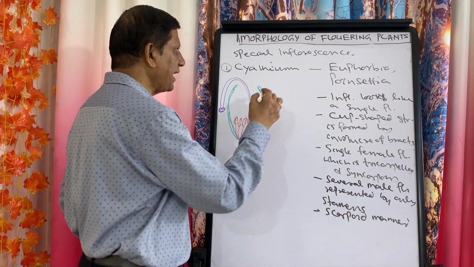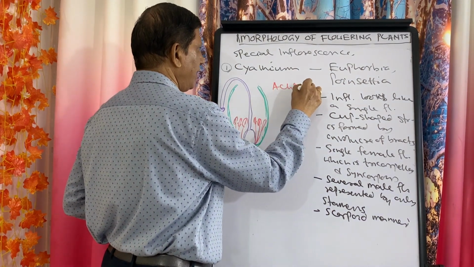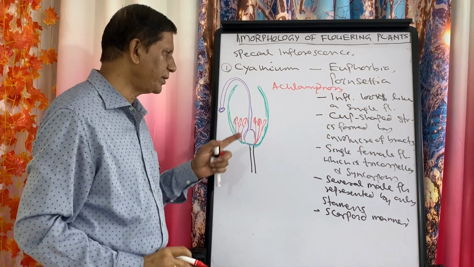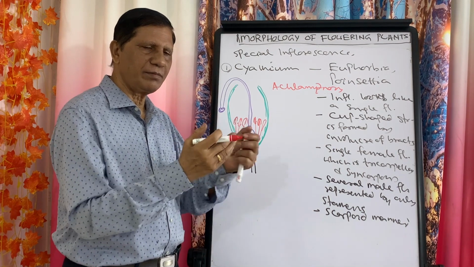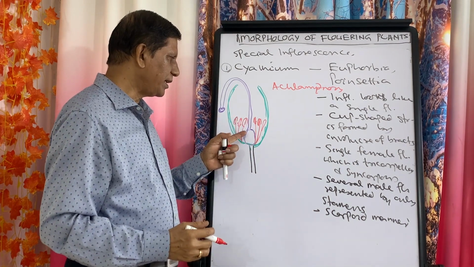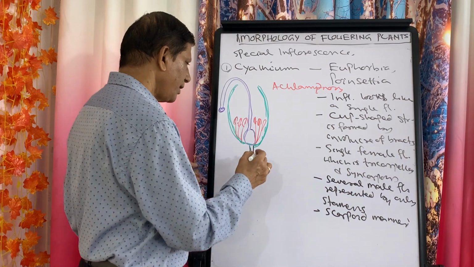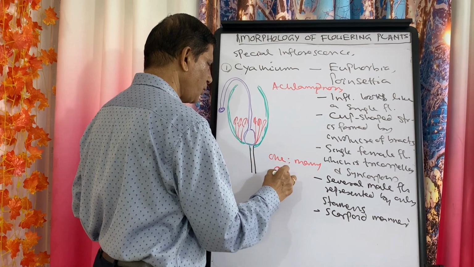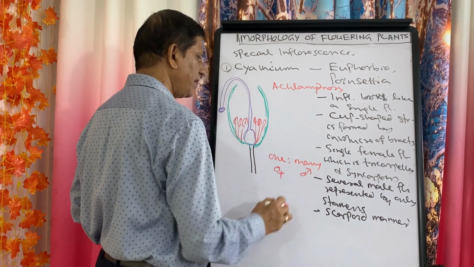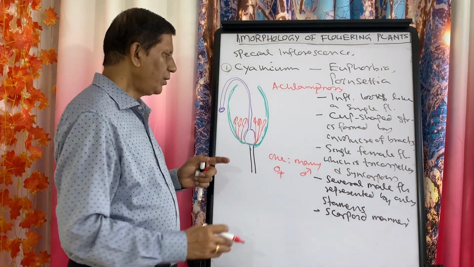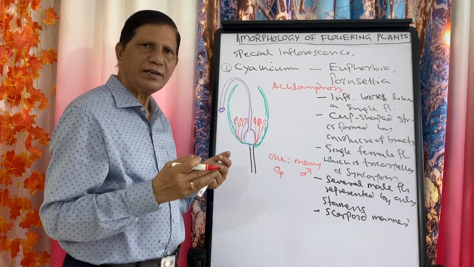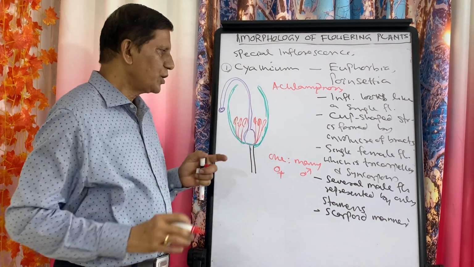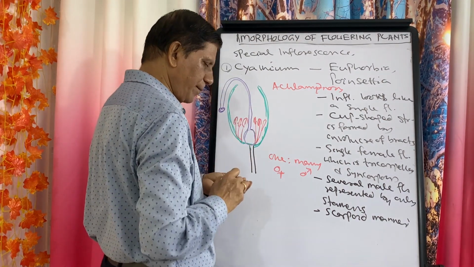We can call them achlamydeous, that means there are no sepals and no petals. It is represented only by stamens. That means here the female to male flowers are one to many: the female flower is one and the male flowers are many in number. So the flowers are unisexual, but the flowers are stalked. So this is about cyathium.